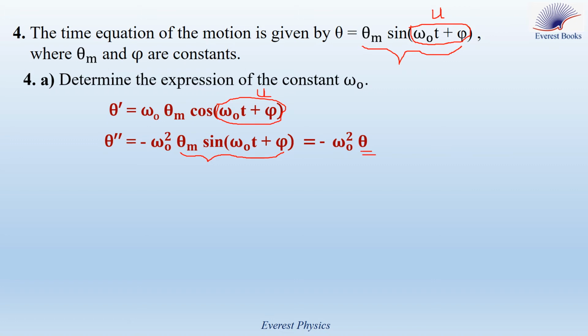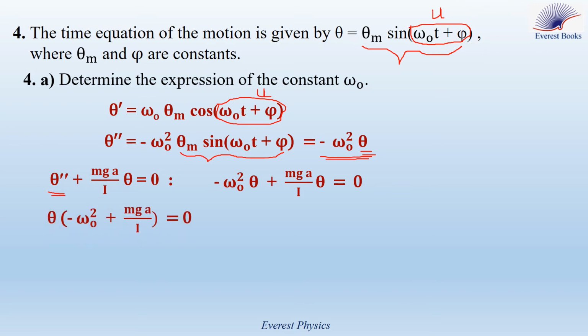Now we have the differential equation theta double prime plus mga over I times theta is equal to 0. Now replace theta double prime by minus omega 0 squared theta. This is going to be minus omega 0 squared theta plus mga over I times theta is equal to 0. Take theta as the common factor.